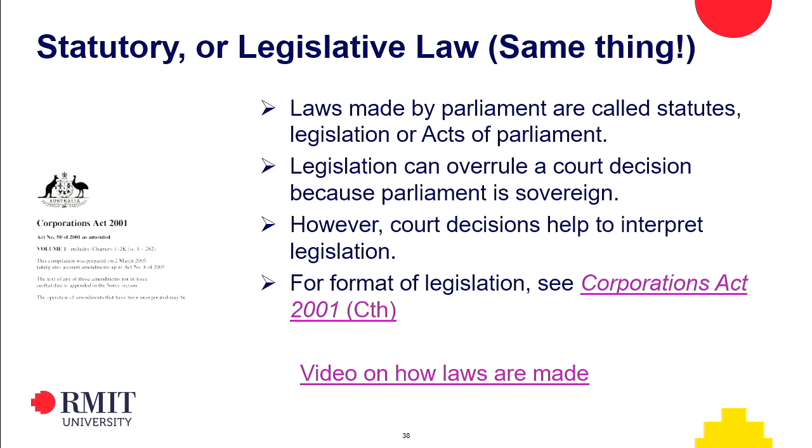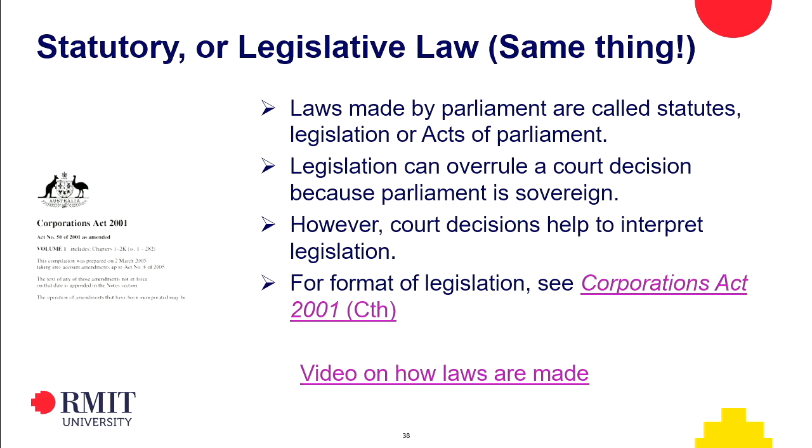Legislation can overrule a court decision, so it's held as paramount. It's more important. Now, we know they interrelate, though, because the courts will interpret legislative decisions, but to the extent of any inconsistency, legislation prevails.